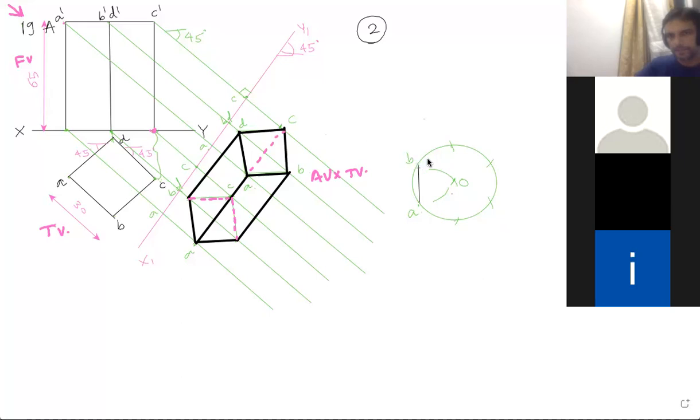आपको ऐसा hexagon बनेगा. ऐसा. This is how you will get a hexagon. All of you got this?